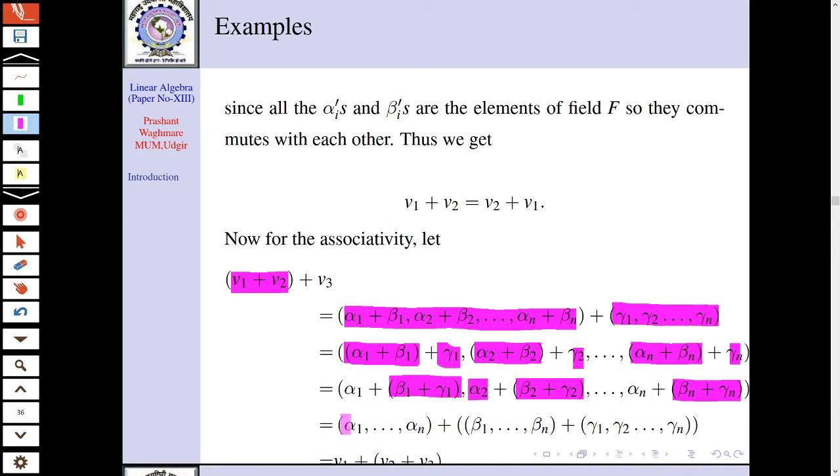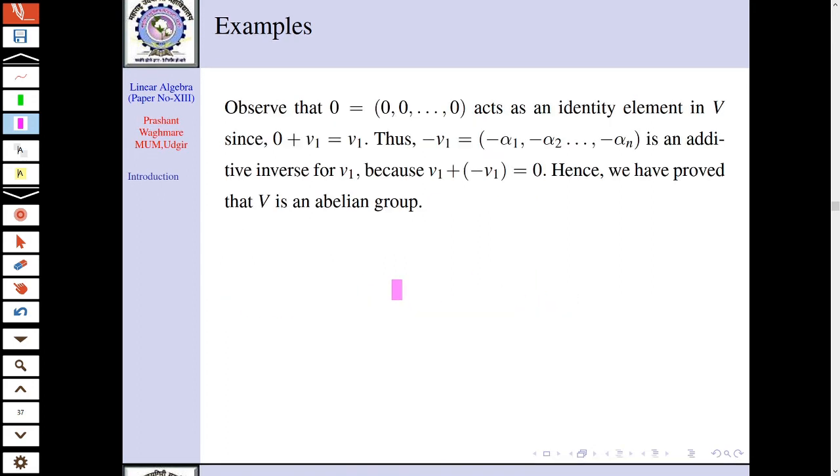I can write in the first bracket alpha 1 and so on, dot, alpha n, plus in the second bracket the addition of these two, but these two are nothing but V2 plus V3 and this one is V1. So what we have proved here is that V1 plus V2 in bracket plus V3 is the same as V1 plus in bracket V2 plus V3, meaning we can exchange the brackets here. Alright, so this is the associativity with respect to addition.